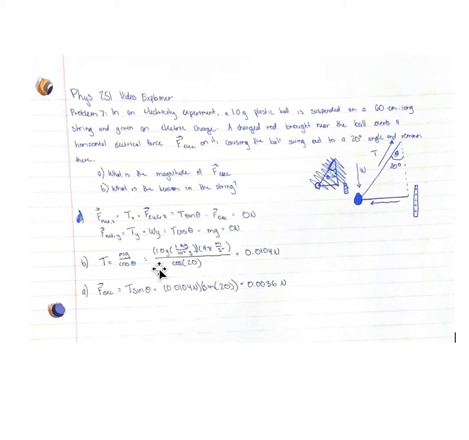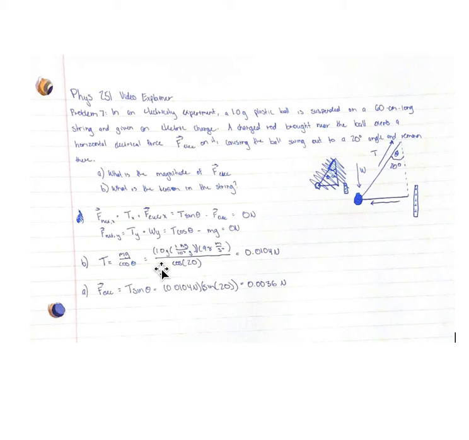We can then plug in our known values to solve for the tension. For mass, we are given 1.0 grams, but we need to convert this into kilograms so that when we multiply it with gravity, we will get newtons as our units.